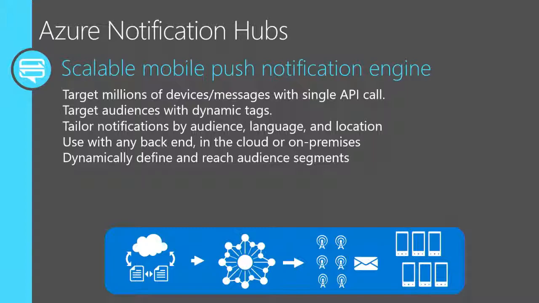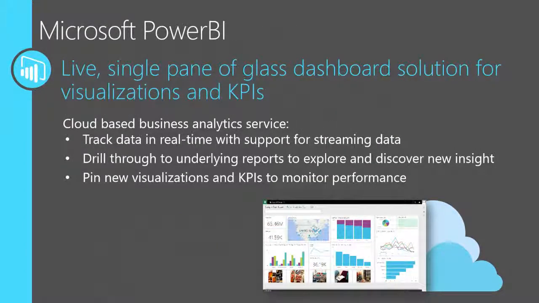Really cool technology. And then for business users, at the end of the day, IoT is all about business users and providing value to them. And our tool for that, I would argue, is Power BI. It does a great job of putting all of that data in simple to use visualizations, visual graphics, so you can dig into it. Very helpful.